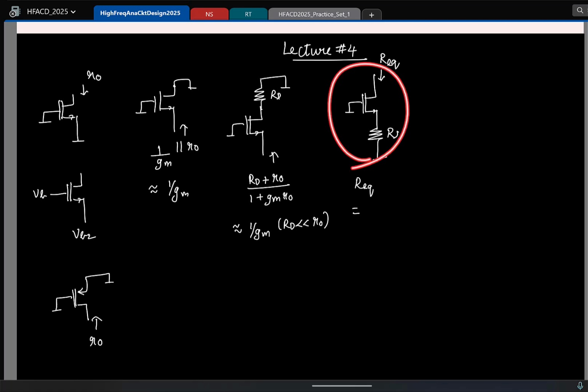What configuration does it remind you of? Cascode. So again the output resistance is the resistance you have at the bottom, which is RS, plus the output resistance of the cascode transistor, which is R0, plus the intrinsic gain of the cascode transistor times whatever resistance you have at the bottom. So that is gm R0 times RS.